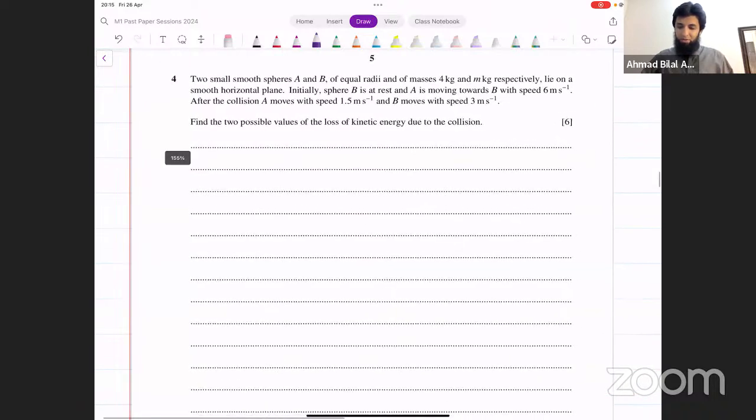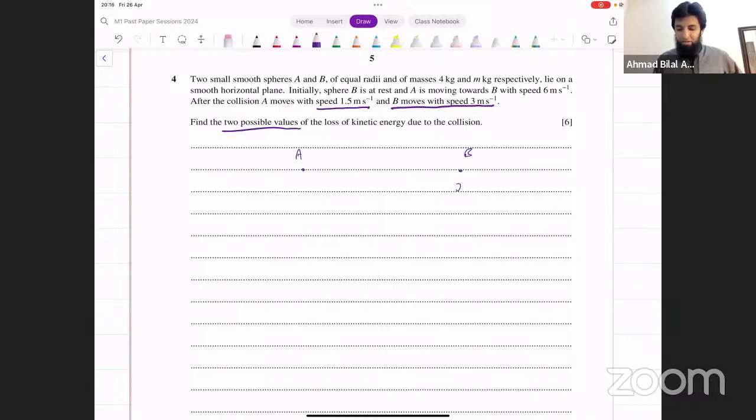Okay, so there's only one person who's asked about this. I'll just explain that to you quickly. Since they're asking for two possible values, and in the question they say, A starts moving at 1.5 meters per second after collision, and B starts moving with this speed, 3 meters per second. They've given speed, but not direction. So let's say A is coming from here and B is here.